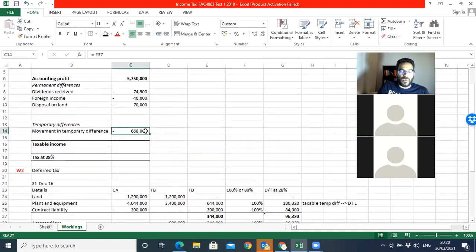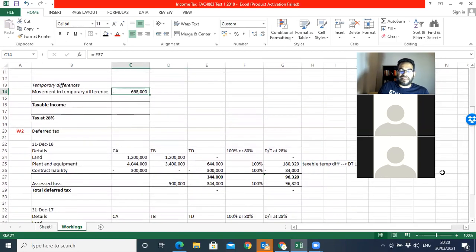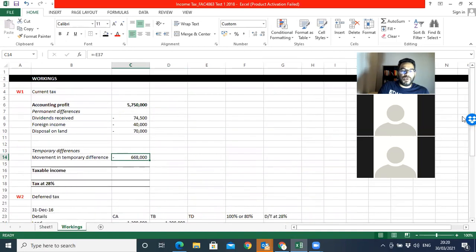The other rationale as to why I'm using 668 as opposed to 187 is that we are working out the taxable income line item, which is before the 28% line item. So remember, taxable income is the 100% and not the 28%. Please make sure you understand this direction.